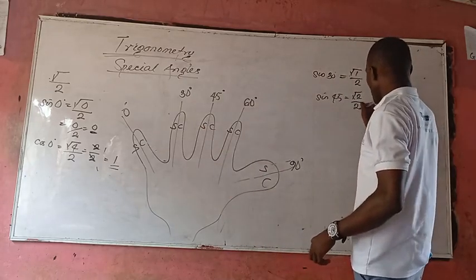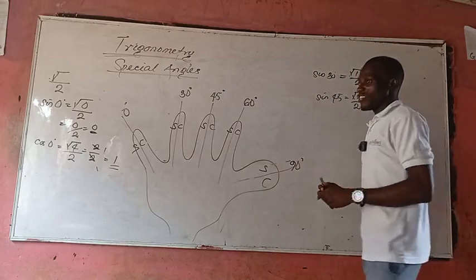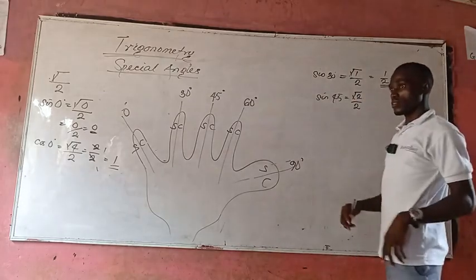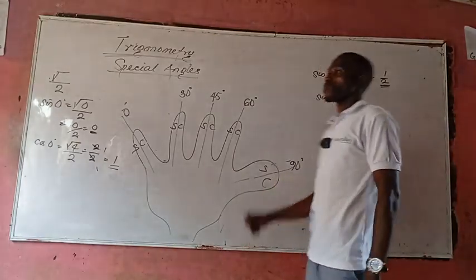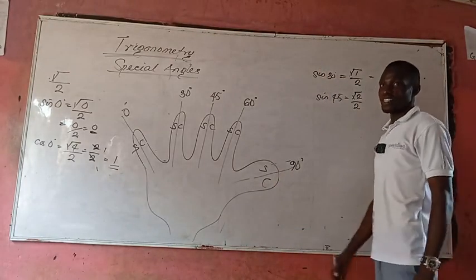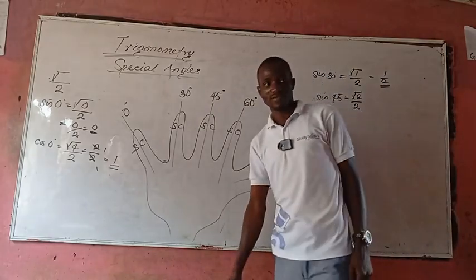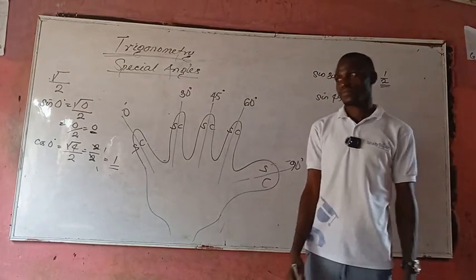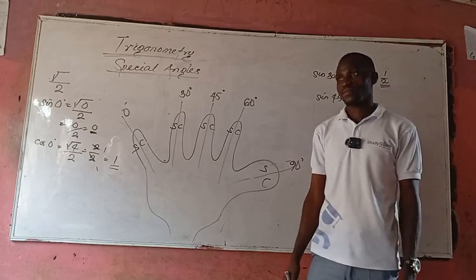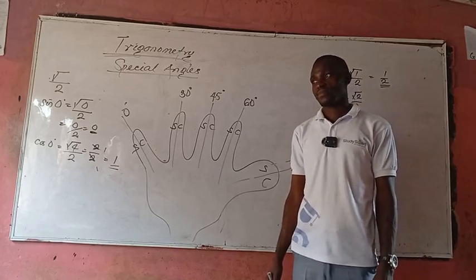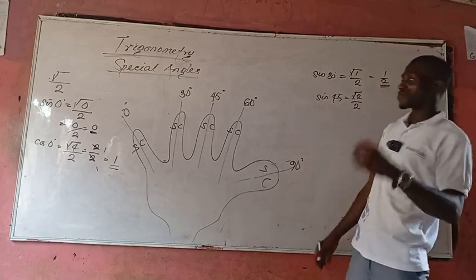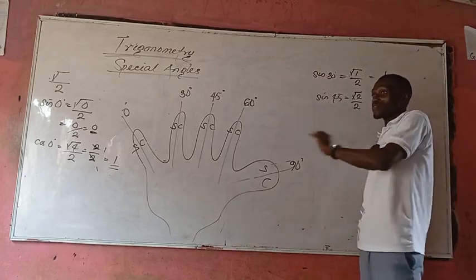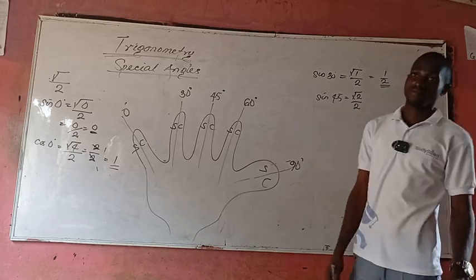Root 2 over 2. That's all. You cannot cancel, this is the square root of 2. Is it clear? Fastest finger, cos 45. Root 2 over 2 is still the same. So sine 45 and cos 45 are the same.